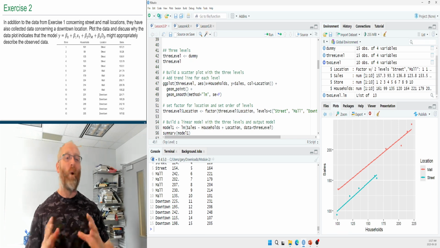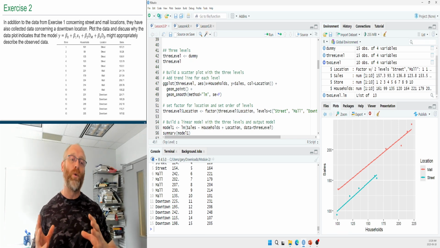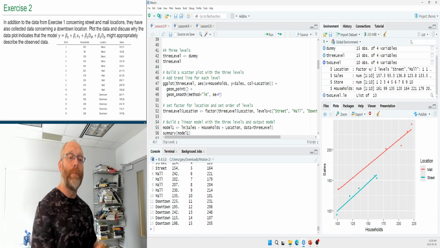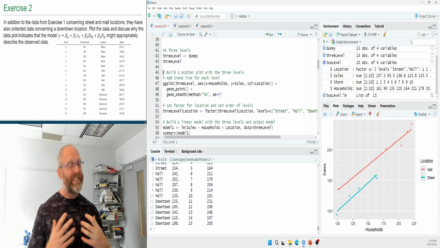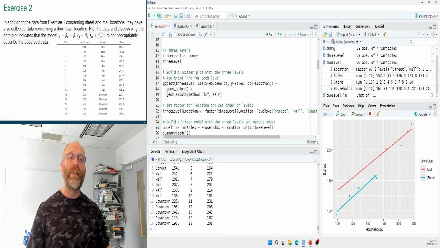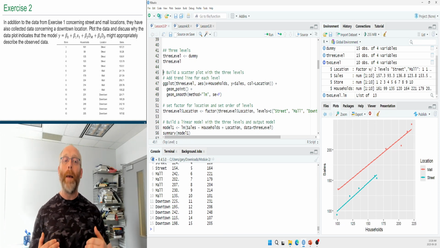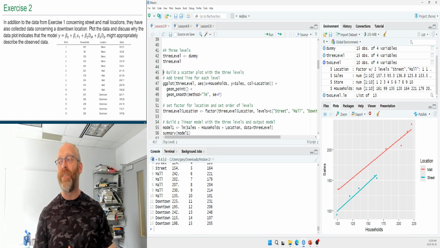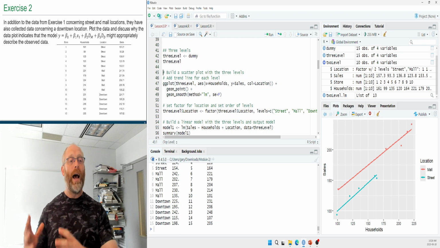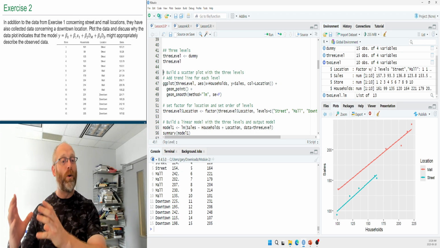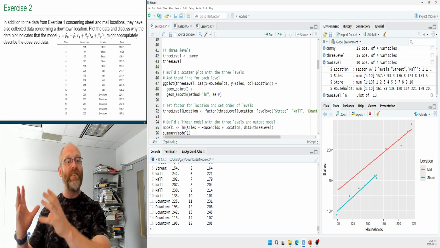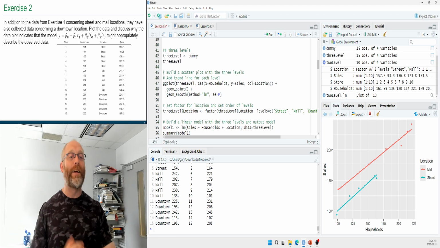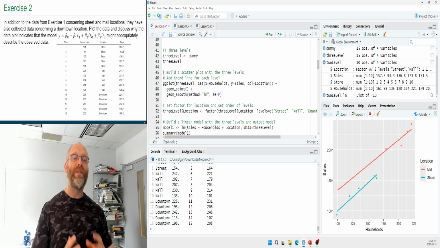So it's already told us the order of the categorical variables based upon the subscripts that we have here. So the second level would be mall, the third level would be downtown. That means street is going to be the first level. I want to make sure, because I know when I put this into R, if I just changed this character variable into a categorical variable, it's going to order things alphabetically.